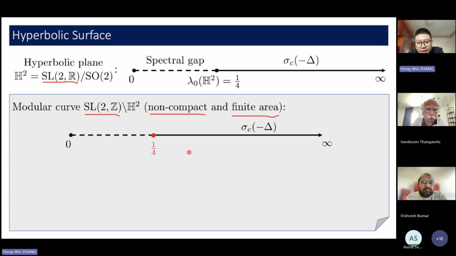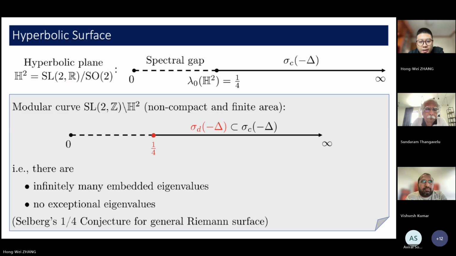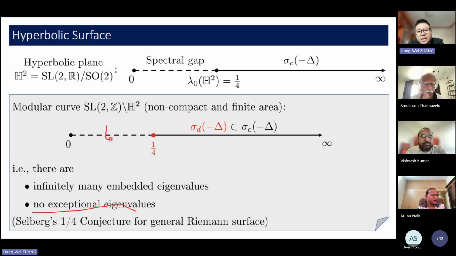At the same time, we also have discrete eigenvalues, and there are infinitely many eigenvalues embedded in the continuous spectrum. It means that there is nothing from 0 to 1/4, which means we say that there are no exceptional eigenvalues. If there is something here, we call it an exceptional eigenvalue. In this case, nothing here.